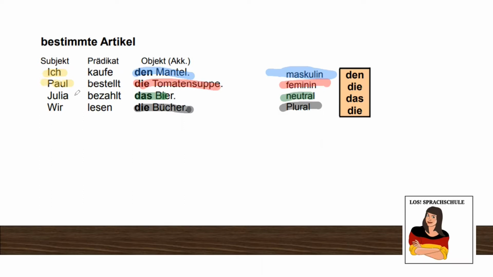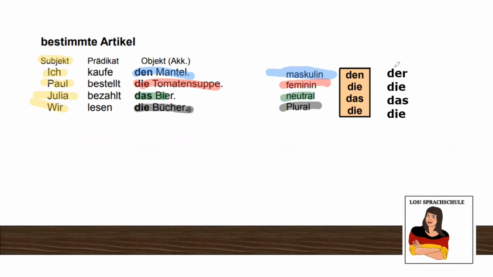Julia bezahlt das Bier. Julia pays the beer, it's neutral. Julia being the subject, she does it. She pays the beer. Wir lesen die Bücher. We read the books. We are the subject, and die Bücher is the object in plural. Here we have the nominative.